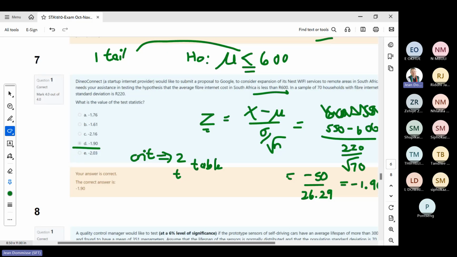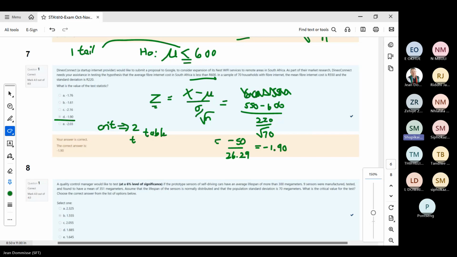There was a hand, unless I actually now answered. Excuse me, sir. Yes. Thank you so much. I just want to know where is 550 coming from, because I'm not seeing it here, or maybe it's my screen that is not showing.